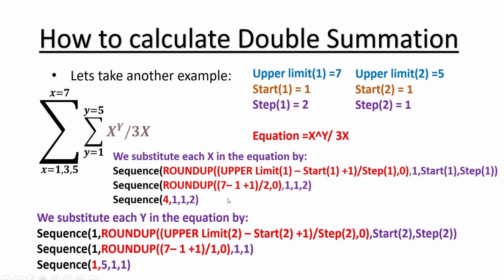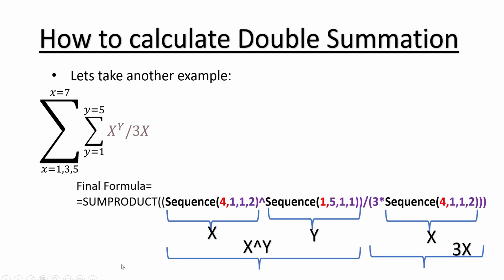Then we substitute each y in the equation by this equation. It will become like this. Then the formula will be x now power y all on 3 by sequence 4 1 1 2.